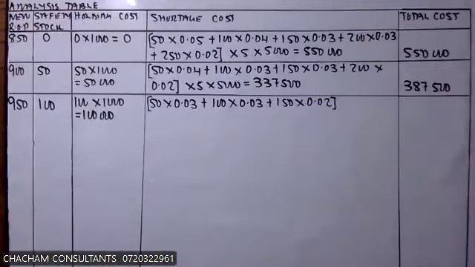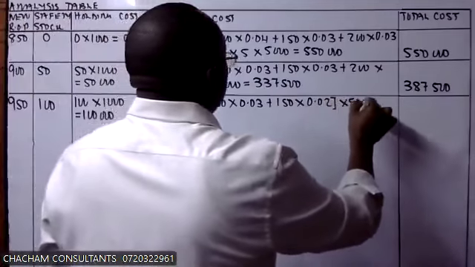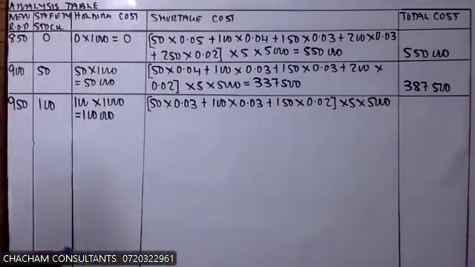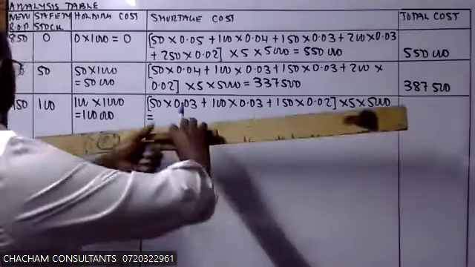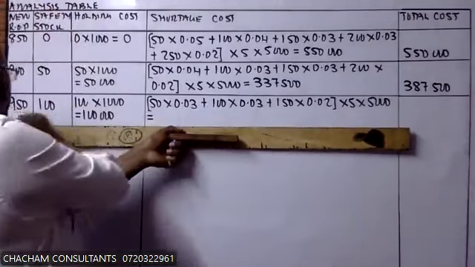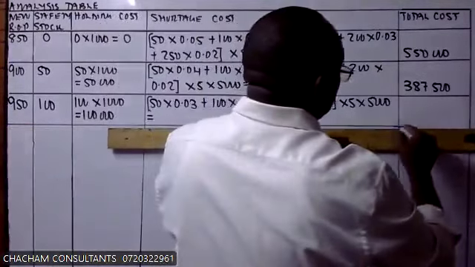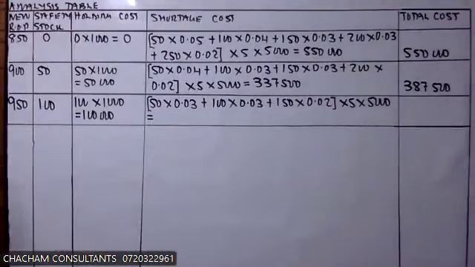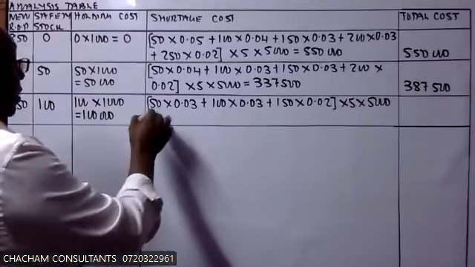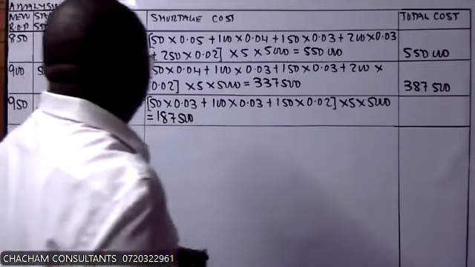Now, this one you multiply by 5,000. That gives $187,500. So this is $287,500.